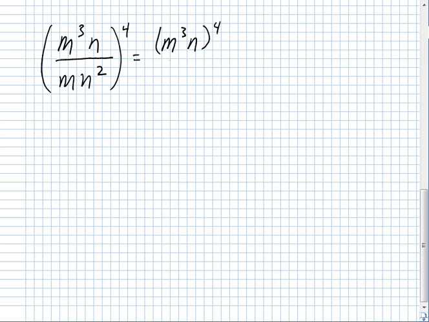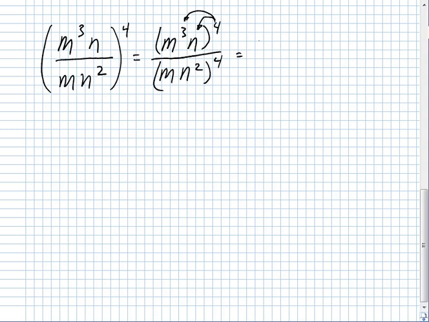And of course, if you want to pause the video and work it on your own and compare answers in a second, by all means do that. Give it a shot. The denominator is m to the power of, well, 1 times n squared, all to the power of 4. So I'm just using that one exponent law that I gave you at the beginning. Okay? Now, when I have two powers all multiplied together and raised to another power, we know that this 4, for example, I'm going to multiply that into the other exponents.